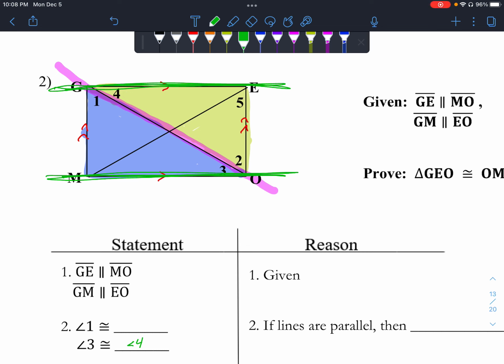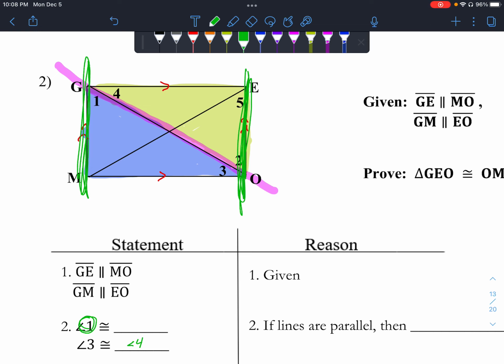They're also asking for angle number 1, though. Well, if I look at angle number 1, it's actually just about leaving that transversal that divides those two triangles, but just using the other set of parallel lines now. Because if I use these, I can now recognize that angle number 1 and angle number 2 are the congruent sides there. So again, just use that transversal that divides those two triangles and just switch up what lines you're using as the parallel lines.